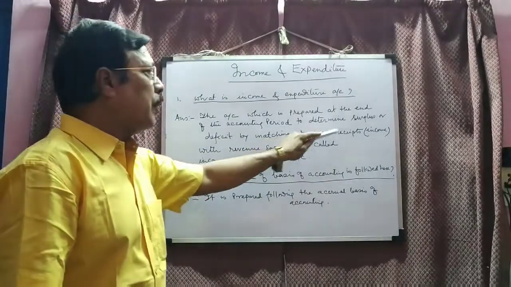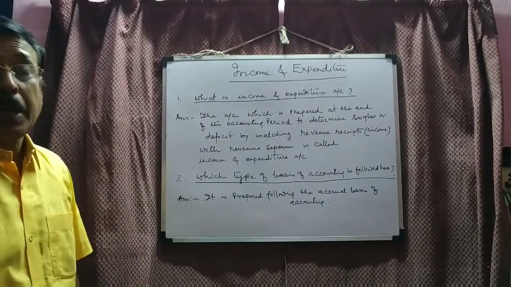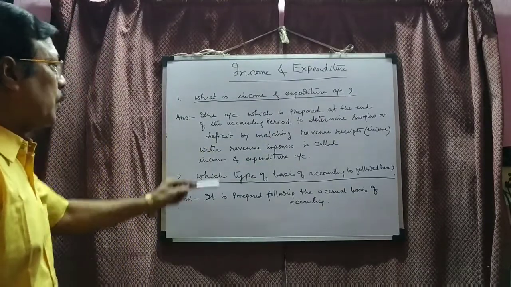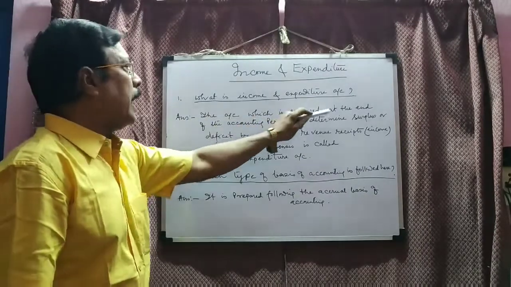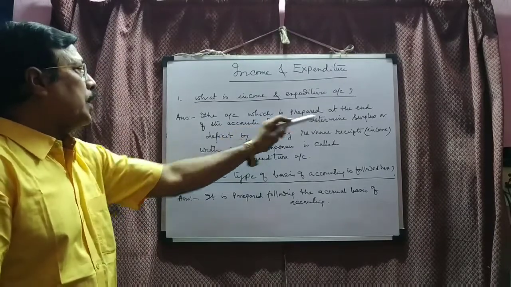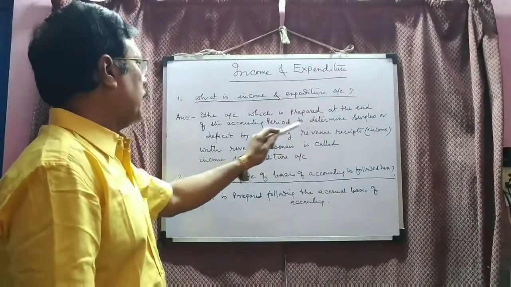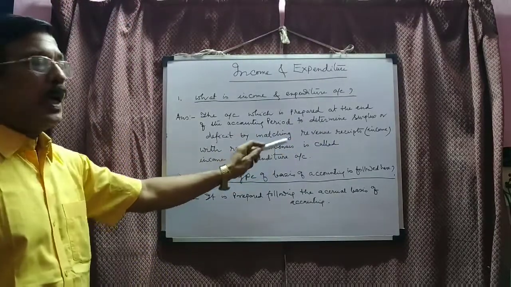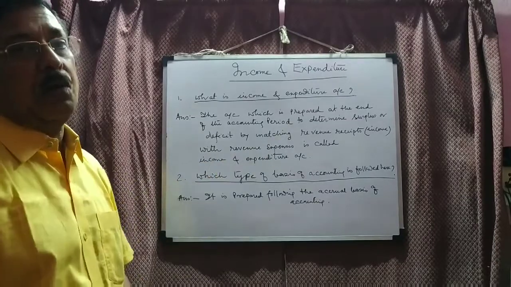When revenue receipts is less than revenue expenses, then this is called deficit. So, the account which is prepared at the end of the accounting period to determine surplus or deficit by matching revenue receipt with revenue expenses is called income and expenditure account.